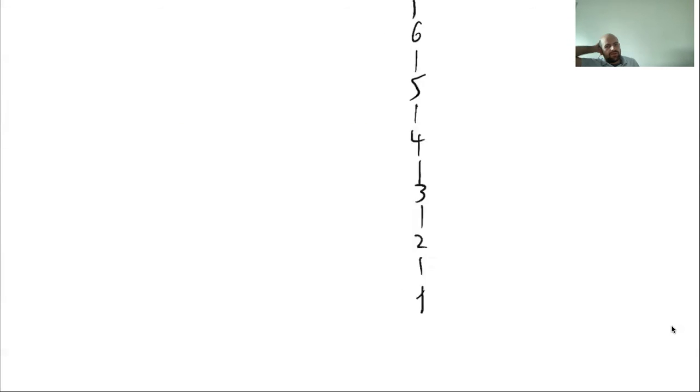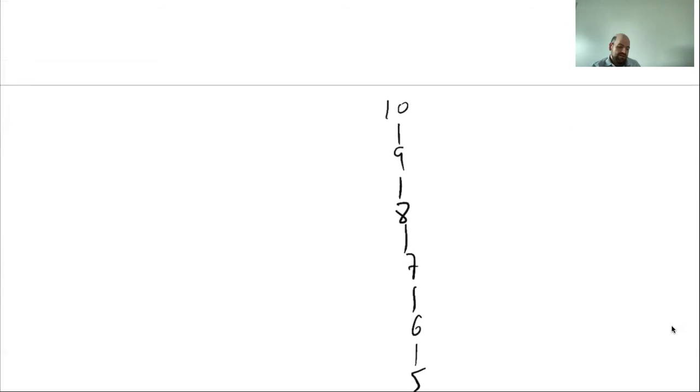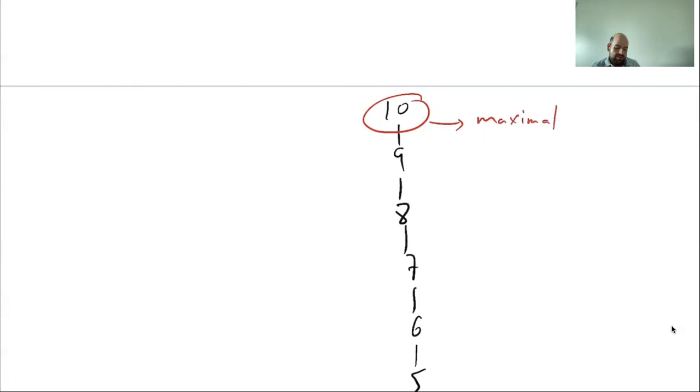Now to recognize maximal, minimal. Maximal means an element where there is nothing above it. Well, every element has something above it except 10, right? So 10 is the maximal element, since no element lies above it.